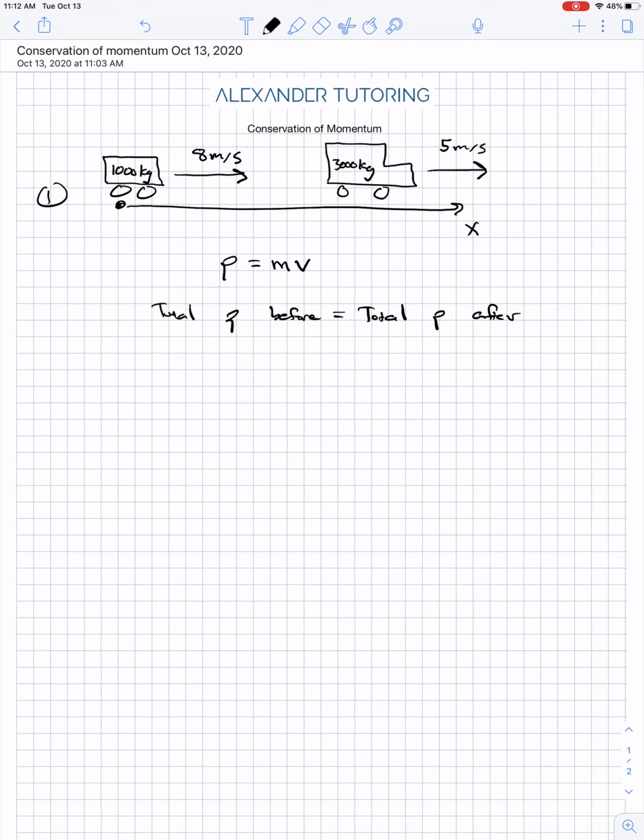Okay, so what's the total momentum before? Well, what's the momentum of the car? Actually, in fact, the safest thing to do here is this.